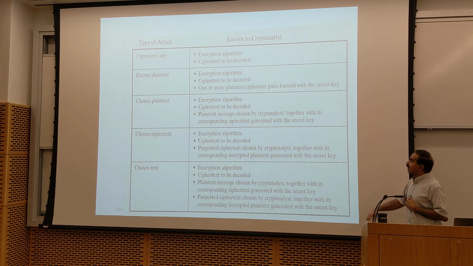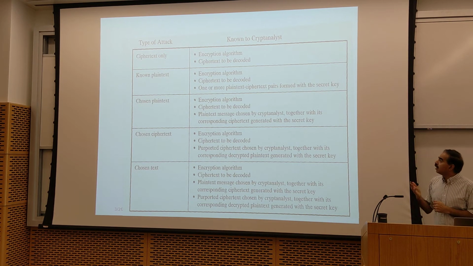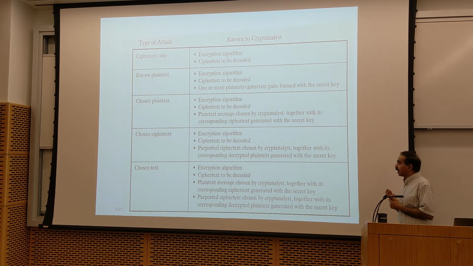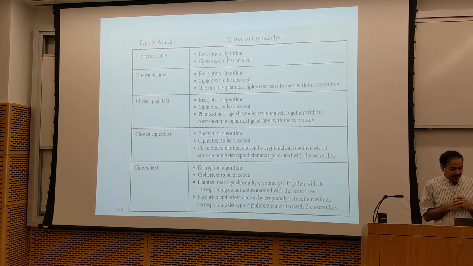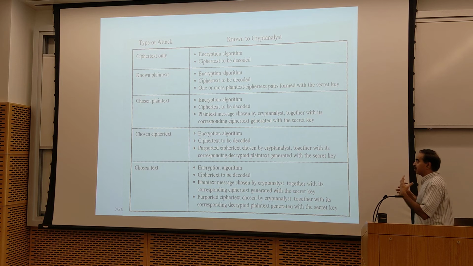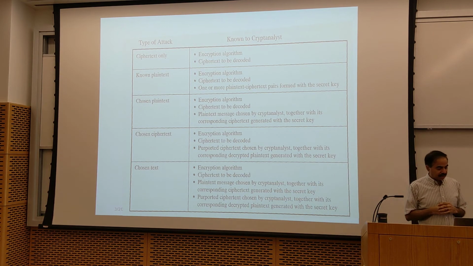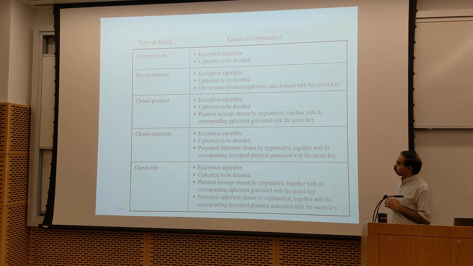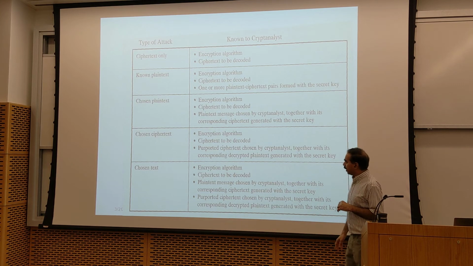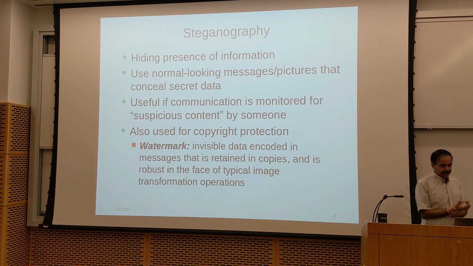Chosen plain text means in addition to maybe some known plain text, the attacker may be able to actually choose which plain text and corresponding ciphertext pairs they have access to. By choosing the plain text messages appropriately, that may make the key discovery problem somewhat easier, right? And then so on. I'm not going to go through the rest of the list here.